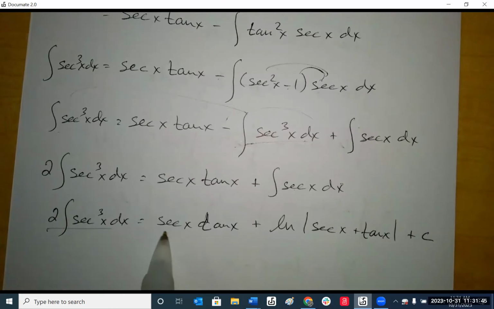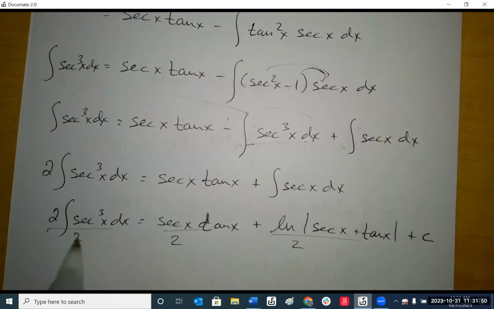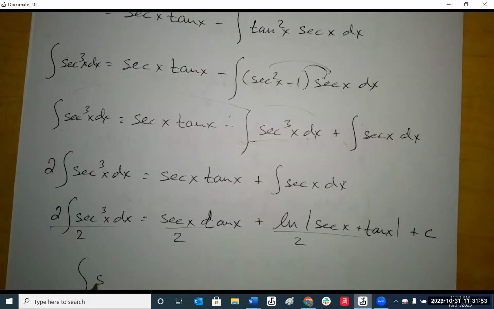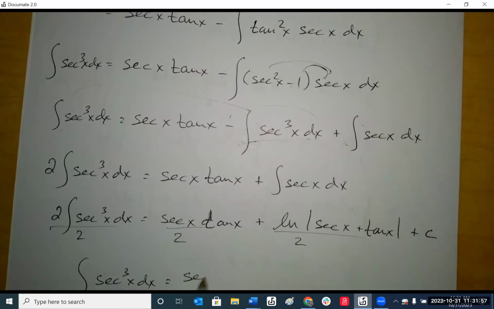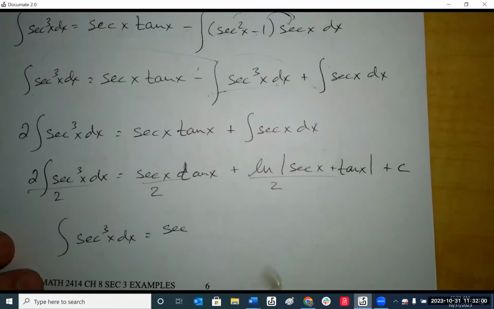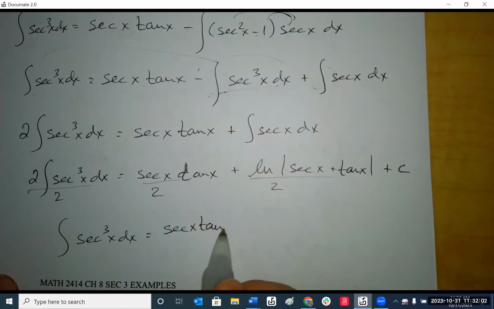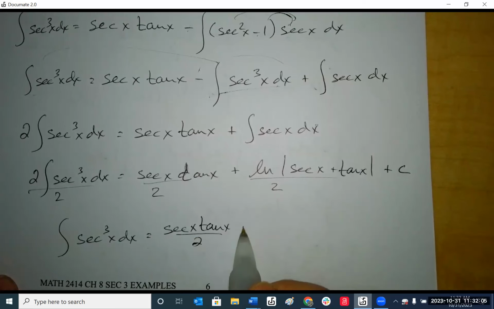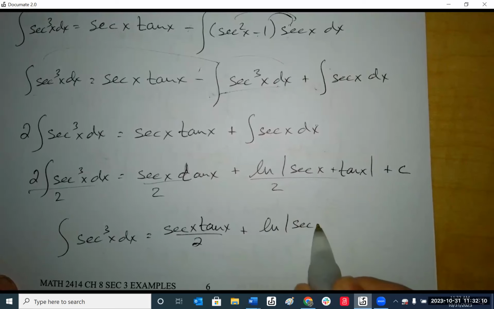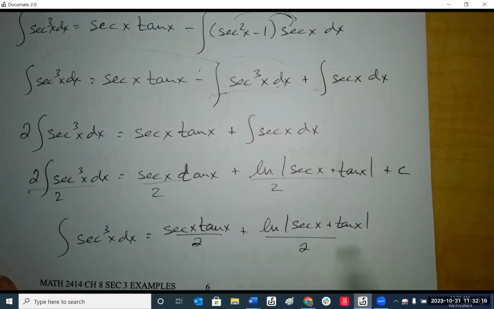And divide everybody by 2. So we have our solution. The integral of secant cubed x dx is equal to the secant tangent over 2 plus ln of the secant x plus tangent x, I think, over 2 plus c.